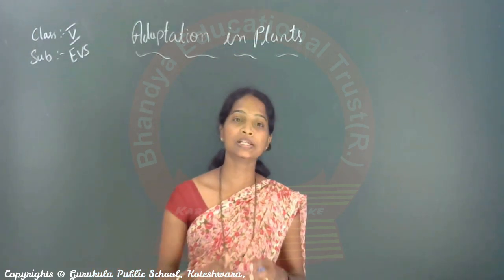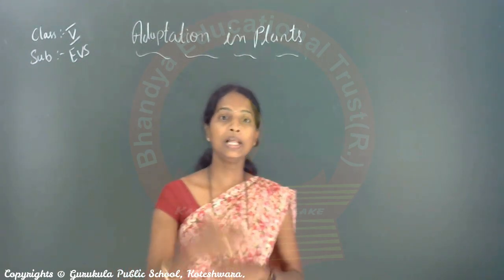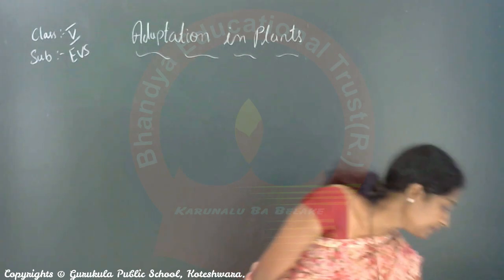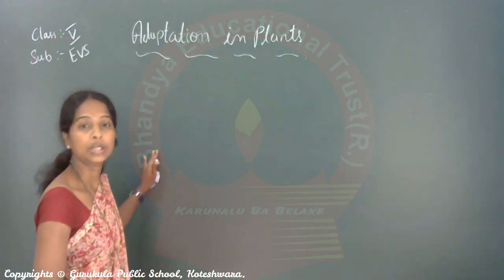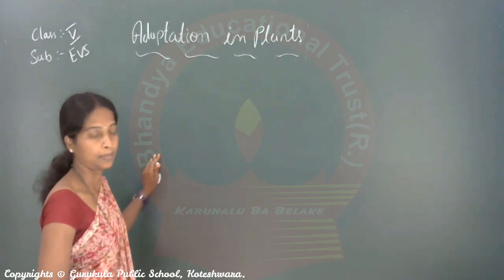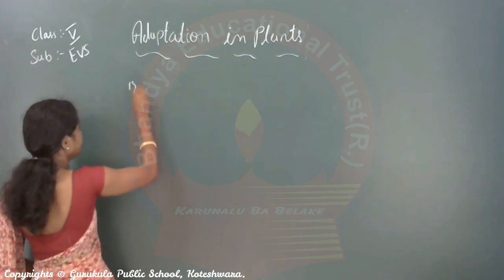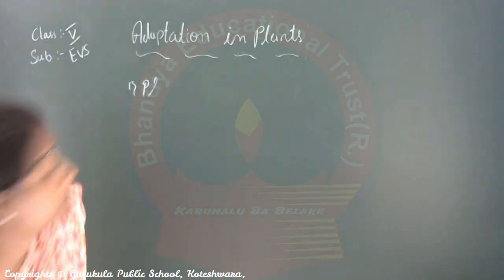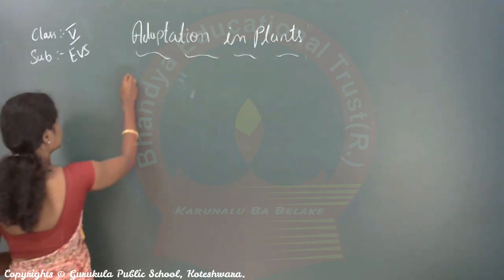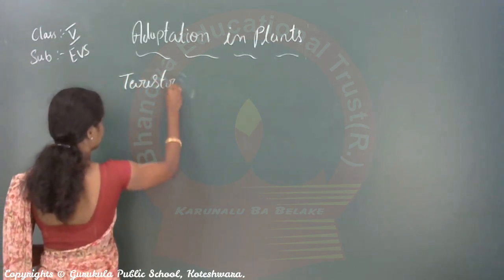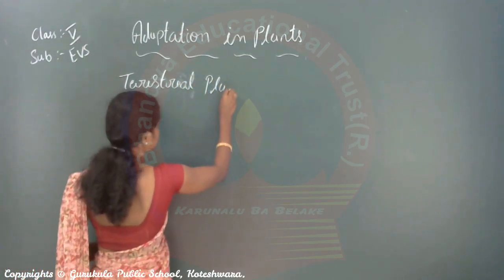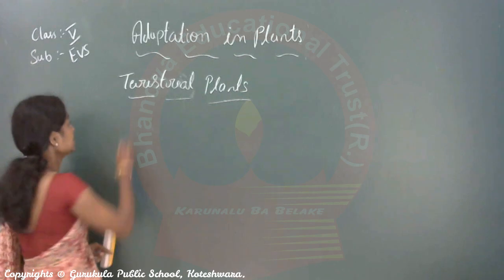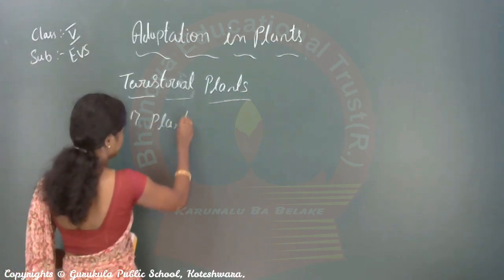Different terrestrial plants grow in different areas or landforms. So, based on their landform, we have classified different types of terrestrial plants. The first one is plants in plains.